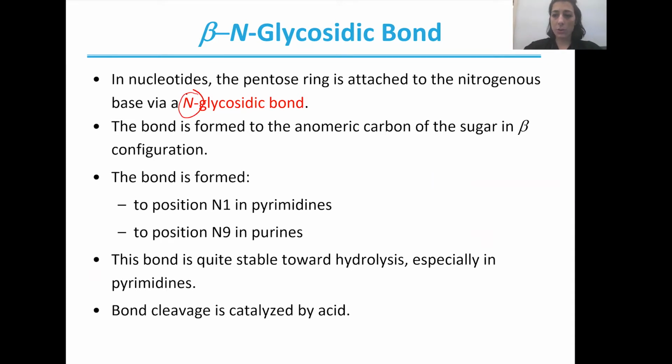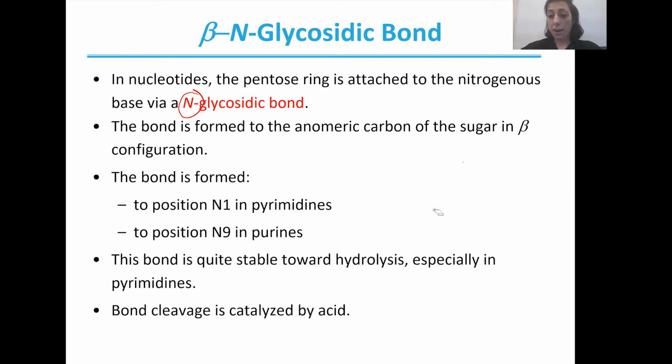So we saw sugars attach to each other also through a glycosidic bond, but they have an O-glycosidic bond, meaning when you have one sugar attached to another sugar, it forms this bond through an oxygen, right? That is an O-glycosidic bond.